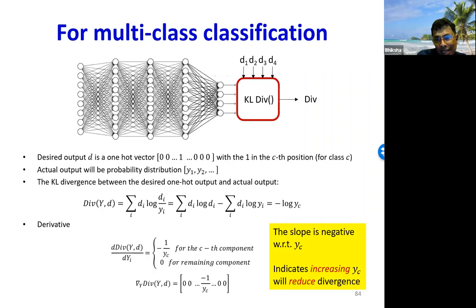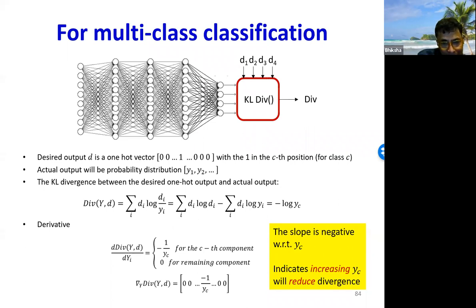Let's go to the multi-class case. For multi-class classification, the desired output D is going to be a one-hot vector. The network output is a vector of probabilities, which also sums to 1. Even in this case, I'm going to use the Kullback-Leibler divergence.